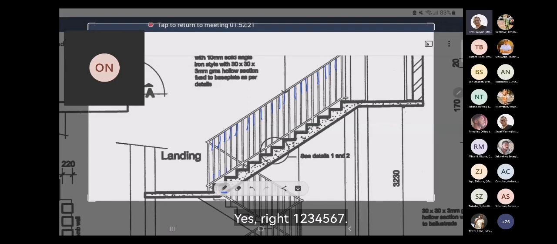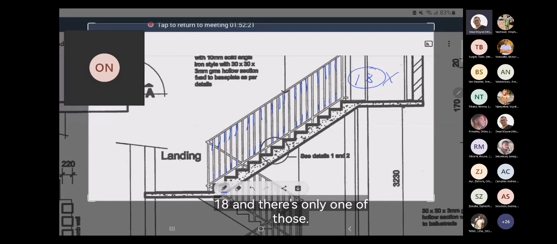Do you guys also see 18? So for that I have 18, and there's only one of those.